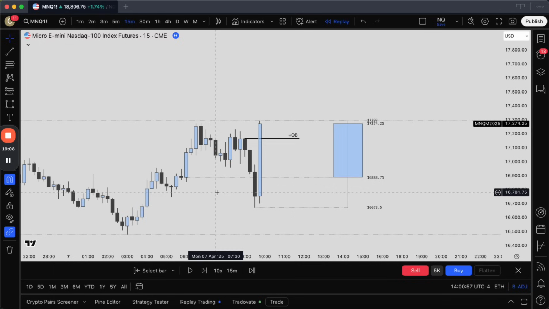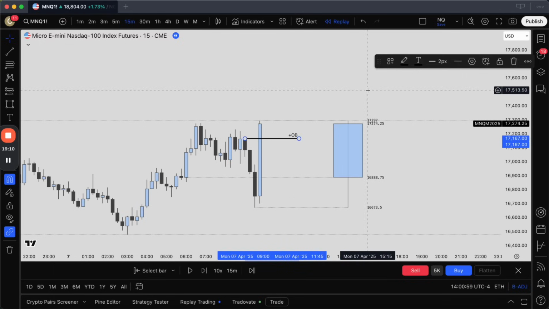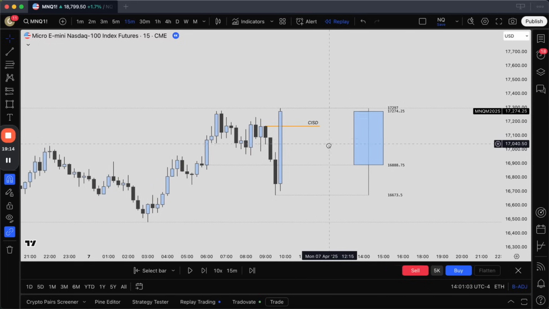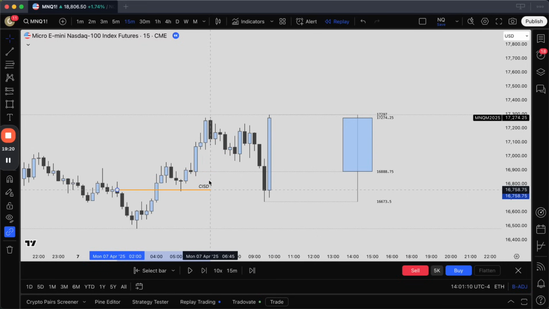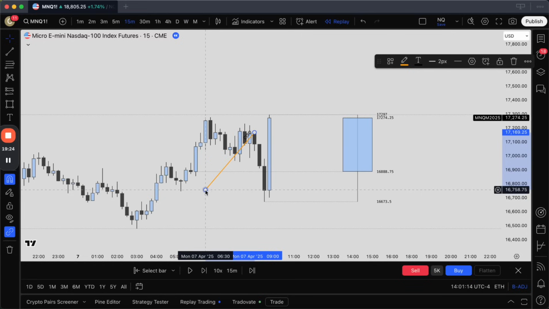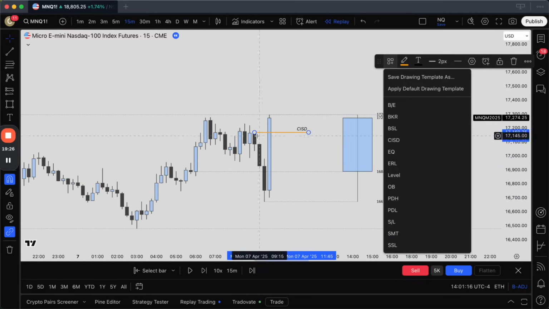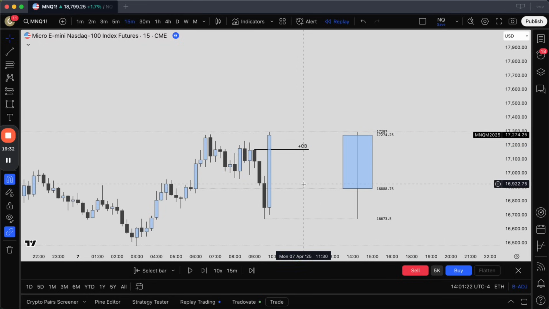These lows right here. So if you guys notice the change in state of delivery, this is the real change in state of delivery right here, because this is what changed the direction of the market. Okay. But this can also be considered a change in state because we swept this liquidity here, right? And then we close above. So order block, change in state are the same things.